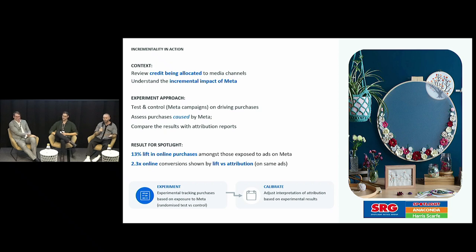And so what we were able to do with this test is find a multiplier number to apply to our GA results using this study, which allowed us to find what that truth is, or get closer to it in the middle anyway. And that's something that we'll need to keep recalibrating over time. And so, moving forward, we're going to very regularly do this type of conversion lift testing.